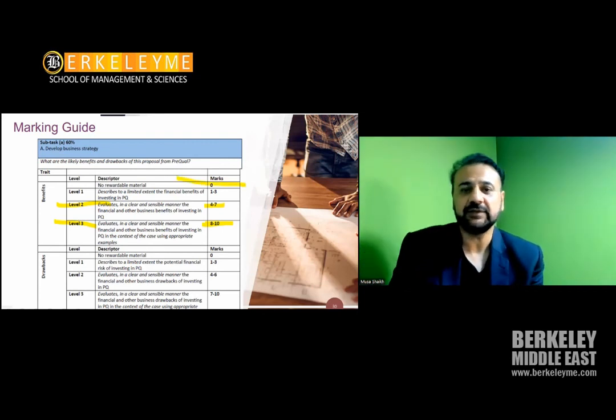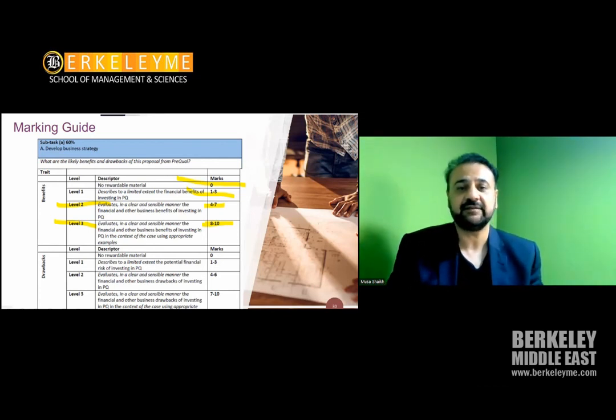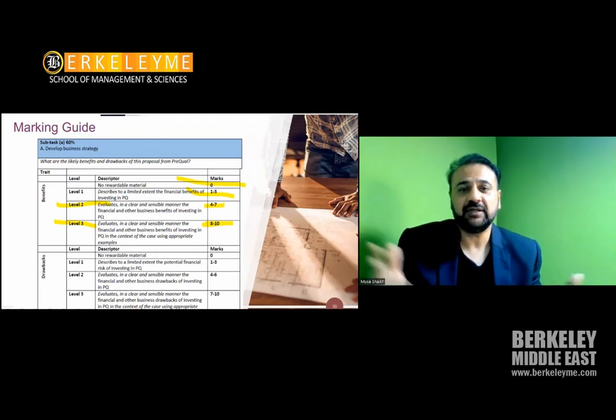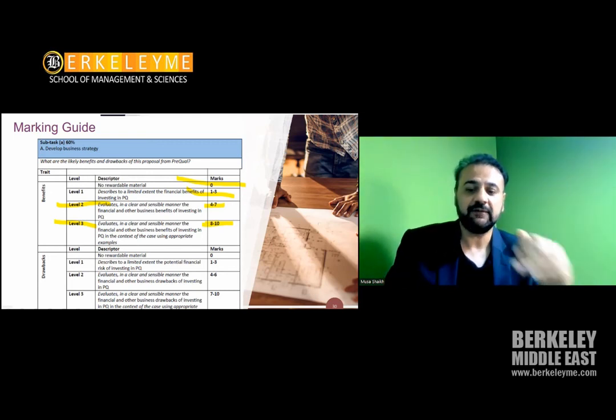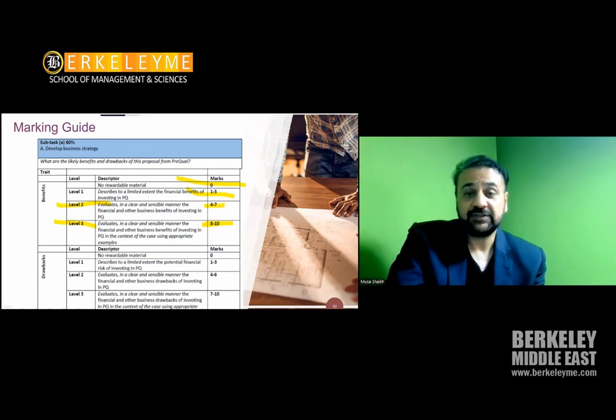And if you have, for example, a very irrelevant answer without many impressive points, you will actually fail. 1 to 3 is a very low percentage, and if you are not relevant, then 0 marks will be given. That's the way the examiner thinks. What we target is level 3. At level 3, you will get very good grades. Maybe you get a distinction, you get a merit, and this merit will stay with you your whole life.